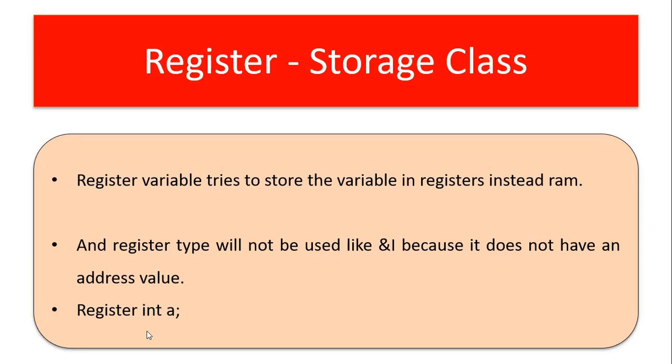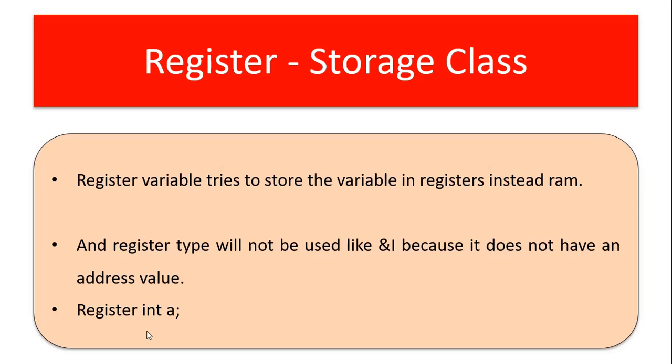So there is a physical memory called a register in every motherboard, in every computer architecture, which is very fast compared to random access memory but much smaller. So we can store a variable inside a register instead of random access memory. Those kinds of variables are called register variables.